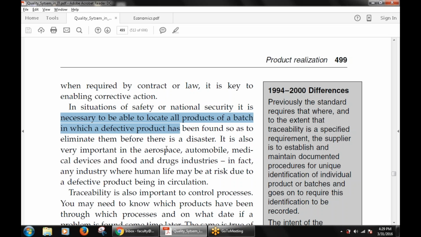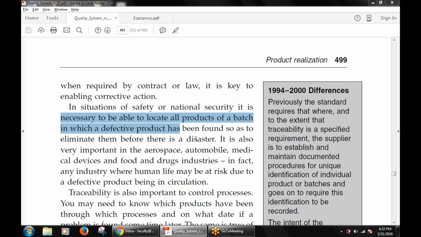That means whatever the product quality issue that is found, it is used to maintain the product and keep the product in touch, and that is very important for devices.